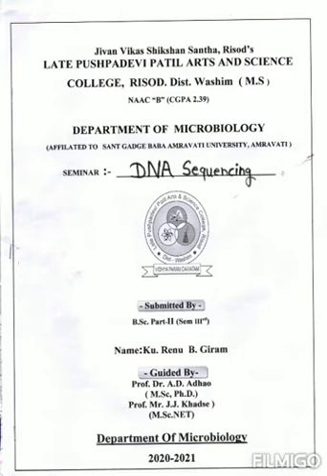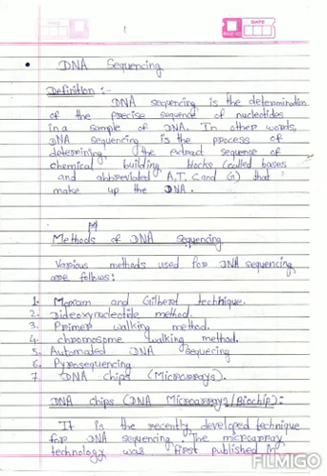So let us start. DNA sequencing. Today we are going to learn what DNA sequencing is. DNA sequencing definition: DNA sequencing is the determination of the precise sequence of nucleotides in a sample of DNA.